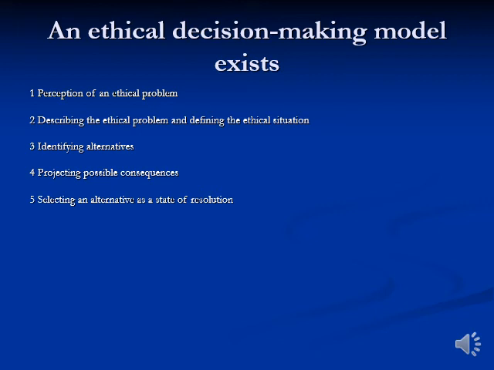After identifying or describing the ethical problem or situation, we start going through step number 3, which is identifying alternatives. Here the employee would identify different alternatives or different courses of action for solving this problem.